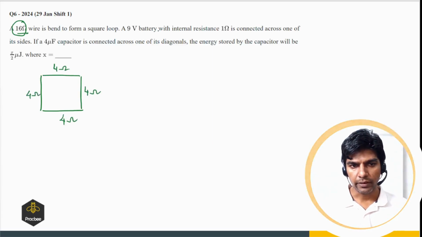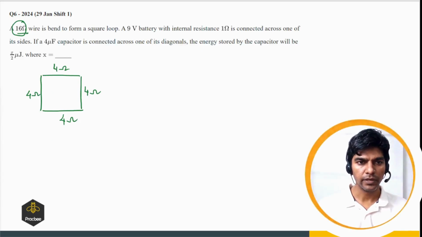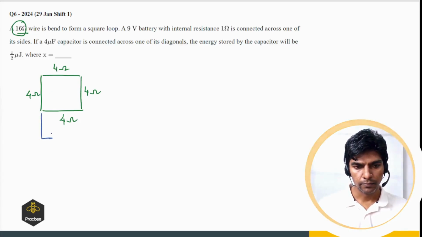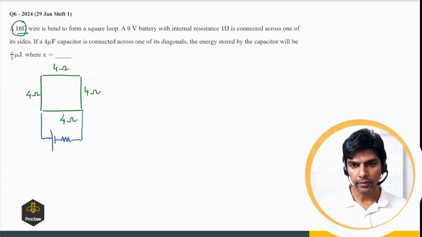A 9-volt battery and internal resistance 1 ohm is connected across one of its sides. So we are connecting a battery which has some internal resistance. Internal resistance is given as 1 ohm and the EMF is given as 9 volts.